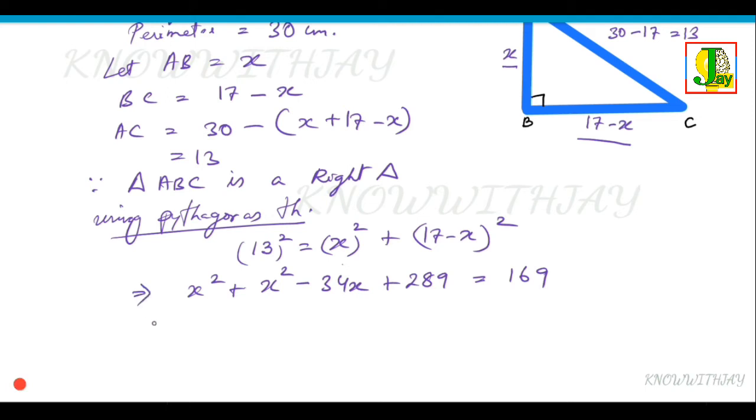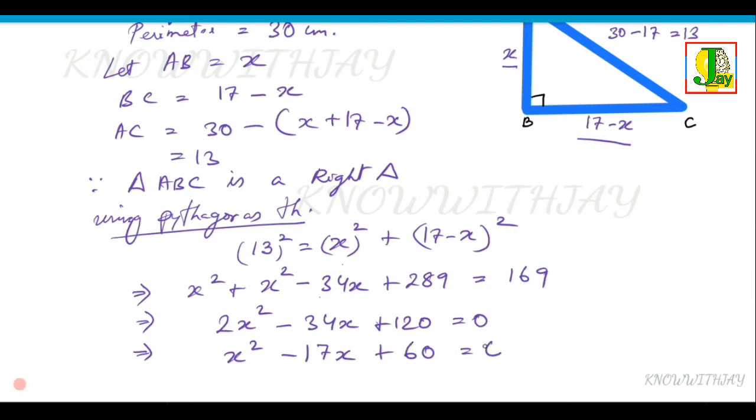Writing all the terms at one place, we get x square plus x square, 2x square minus 34x, plus 120 equals 0. Dividing the whole expression by 2, we get x square minus 17x plus 60 equals 0.